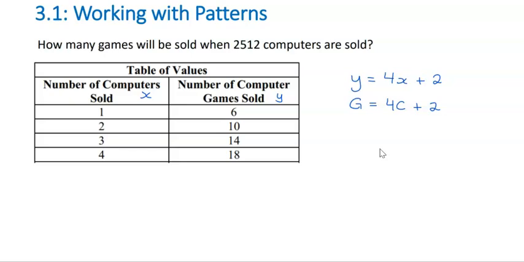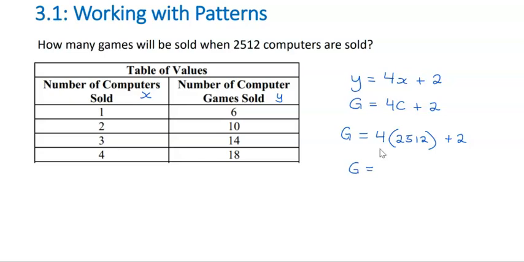Once we have it this way, we can say, well, how many games do we have? The games is equal to 4 times 2,512 computers plus 2 more. We can now solve. We can grab our calculator and we can say 4 times 2,512 is 10,048 plus 2 more.